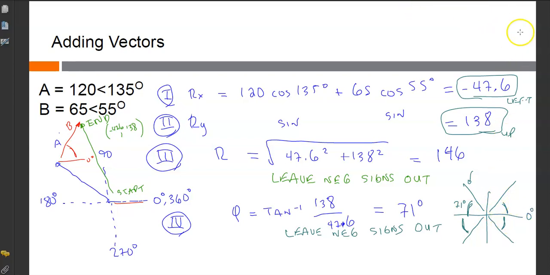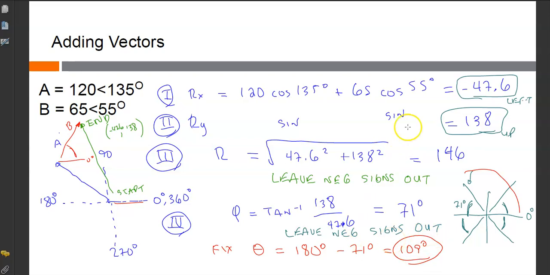So what I need to do is come back and say, I don't want the 71 degree angle. I want the angle over here, from 0 around to that. That would be the supplementary angle. So this would be 180 degrees, and then subtract the 71. This is that fix that got mentioned somewhere back there. The angle theta that I really want is 180 minus 71, and that gives me 109 degrees.